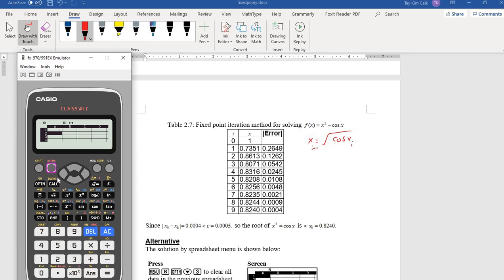So we have to do alpha A1, square root cos, x is stored in A1, so alpha A1. Okay, close the cos, and close the square root, one more. Cos in the spreadsheet menu is not natural display, so make sure you close the parentheses correspondingly. And you equal, so you get 0.7351.